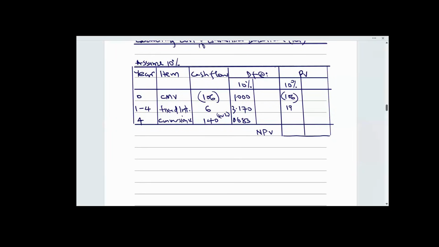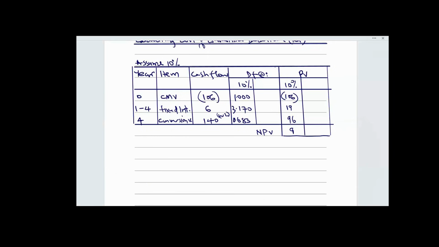Then 140 multiplied by 0.683 equals 95.62, that's 96. So 96 plus 19, then minus 106, equals positive 9. We assumed 10% and got a positive 9 NPV.